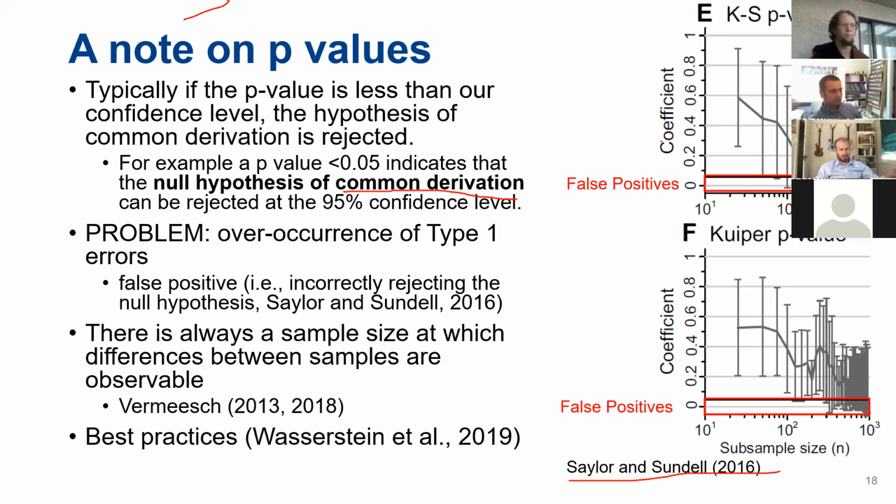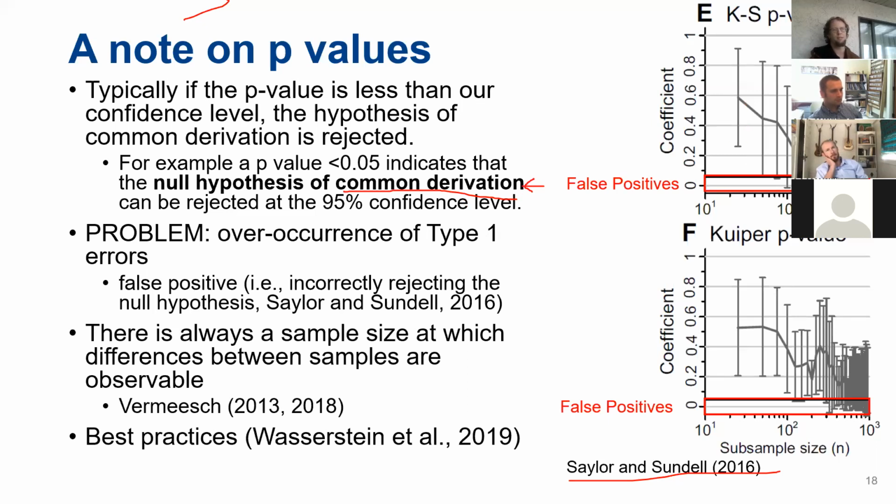So this would be the p-value for each of these samples. And as you can see, very quickly we get down into false positives. These samples are coming from the same underlying distribution, the same population, so we should be accepting the hypothesis of common derivation.